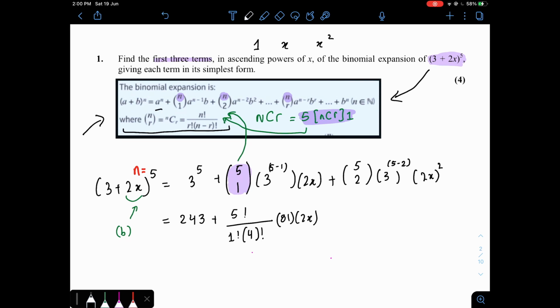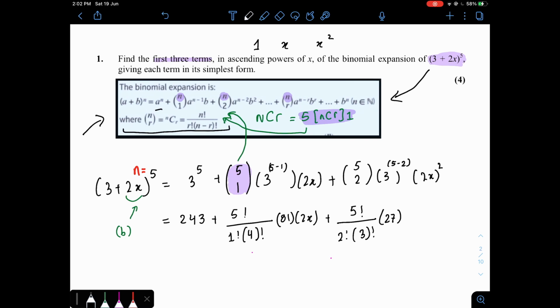And let's rewrite this one as well. So this would be 5 factorial over 2 factorial times (5 minus 2), which is 3 factorial, and times 3 to the power of 5 take away 2, so that's 3 cubed, which will be 27.